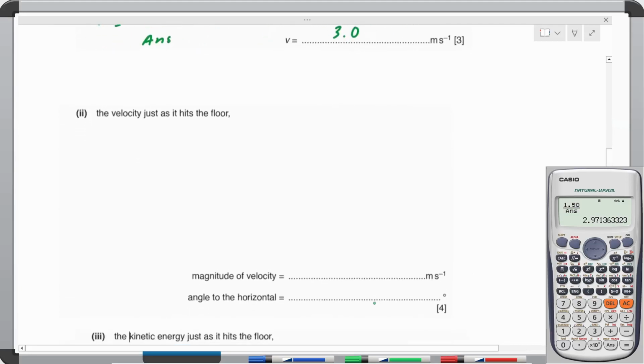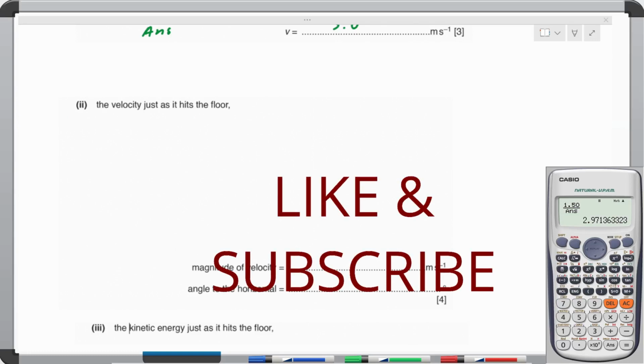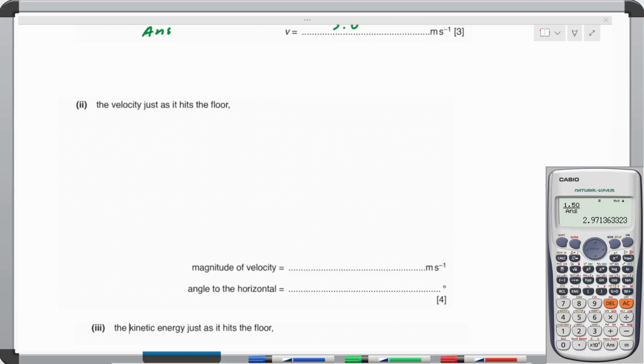Let's move on to the next case. Now you need to find the velocity just as it hits the floor. That velocity needs to be found out as the ball hits the floor. So when they ask you to find the velocity, in which they have not specified if this is the horizontal or the vertical, it means you need to find the resultant velocity.